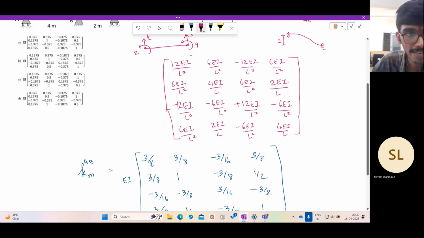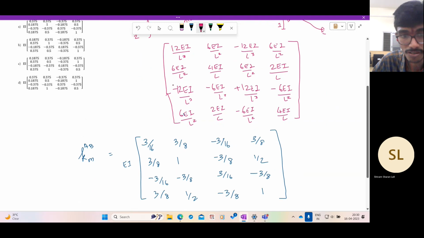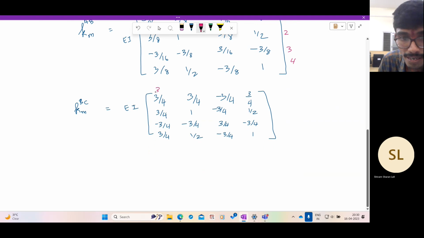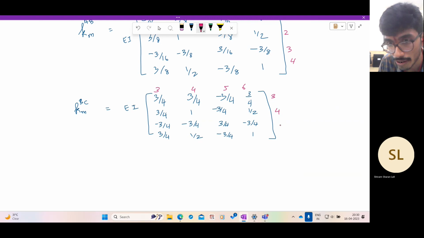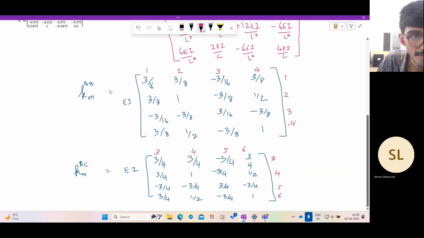But what does it relate? Based on this node numbering of the degrees of freedom, this is 1, 2, 3, 4 forces. And this is 1, 2, 3, 4. And here 3, 4, 5, 6. So what are they asking?